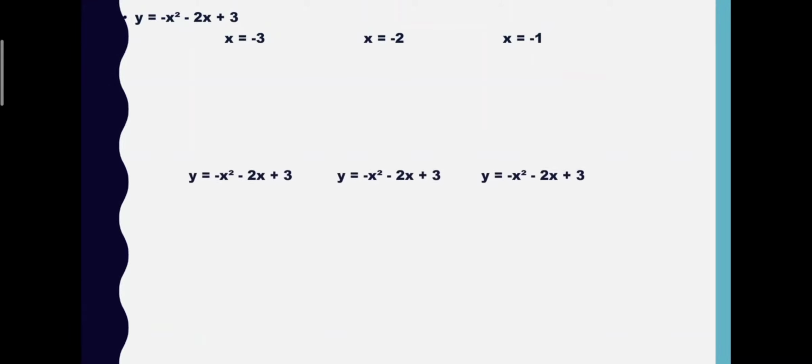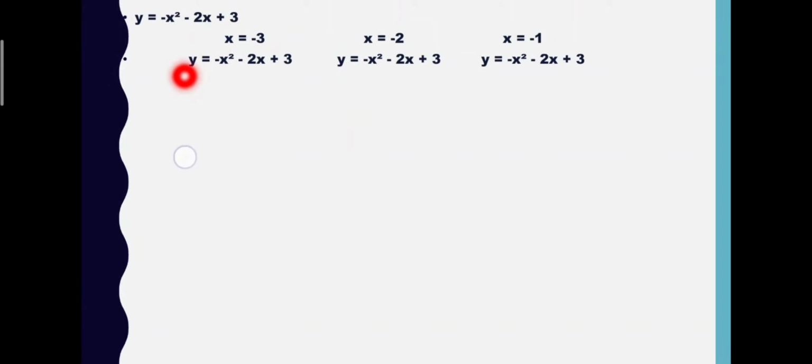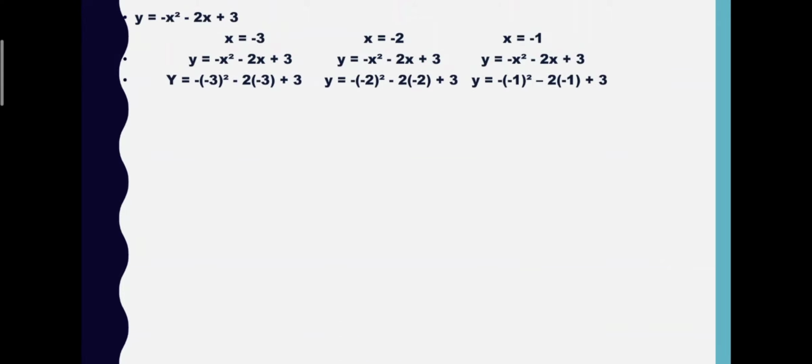So this is the given quadratic function: y is equal to negative x squared, minus 2x plus 3. First, let us solve for negative 3, negative 2, and negative 1. Next, we will simply substitute the value of x in the given quadratic function. So this is negative 3.